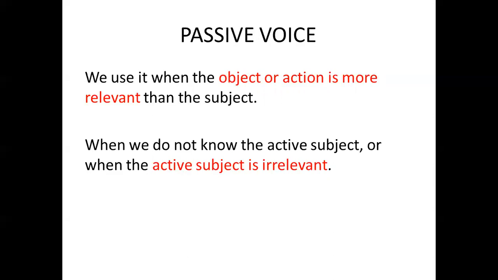Okay, so we use the passive voice when the object or the action is more relevant. So as you can see in the previous exercise, object and action are going to be more important than the subject.